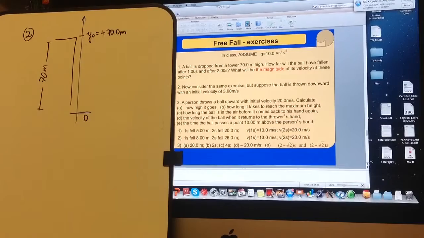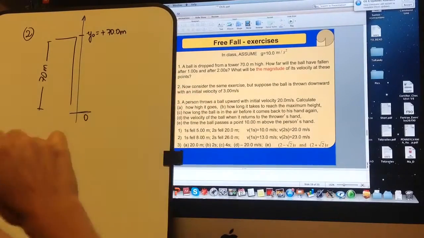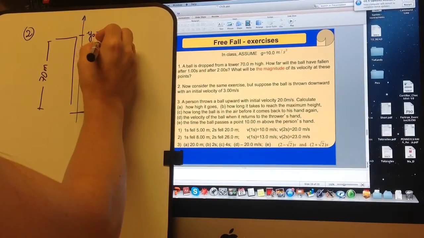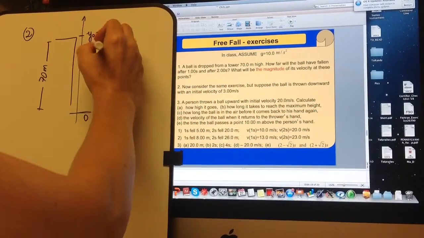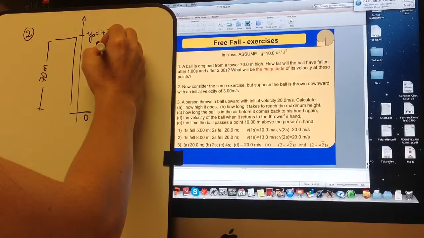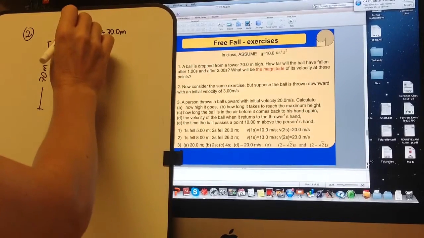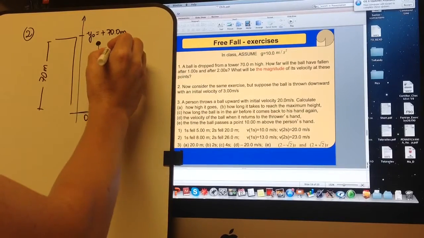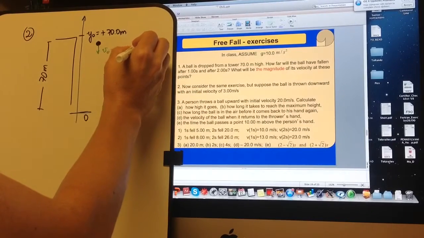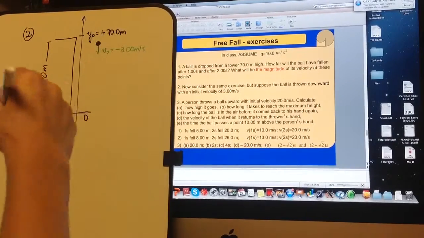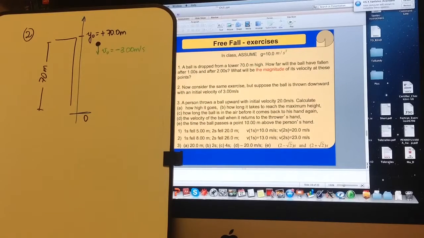Okay. How about my initial velocity? Well, we are throwing it down, right? So my initial velocity is opposite to my frame. So my initial velocity is minus 3 meters per second. So we have to be very careful with that. Same thing about the acceleration.